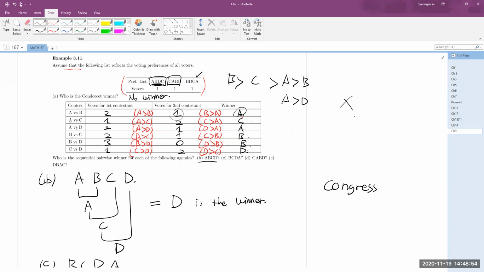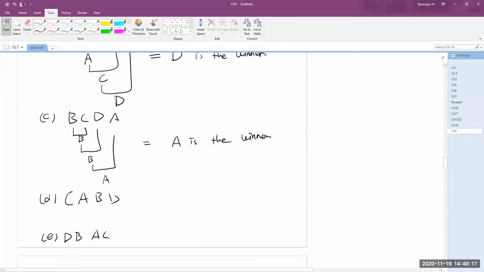In the sequential pairwise winner, the ranking is meaningful because we compare pairwise. Does that answer your question? Yes, it answered mine. So for the exercise you left, would A be the winner if I did it correctly?